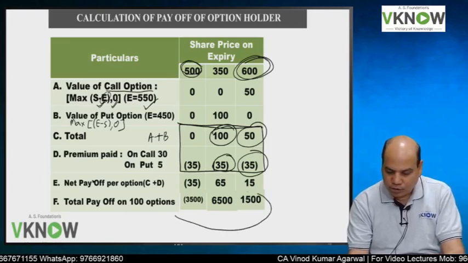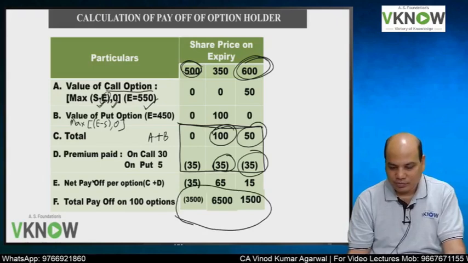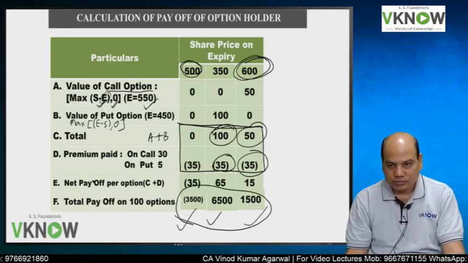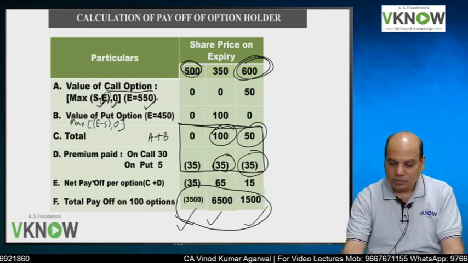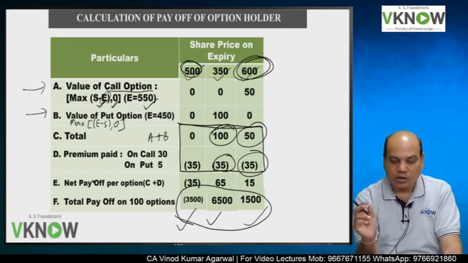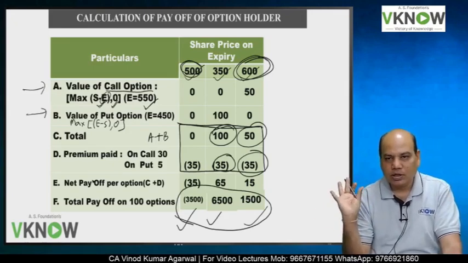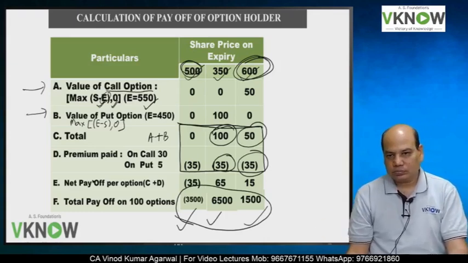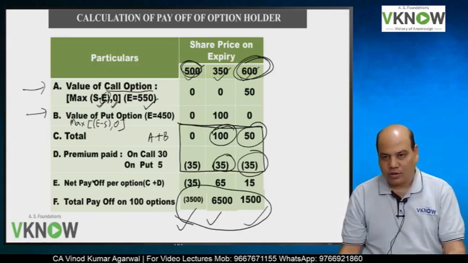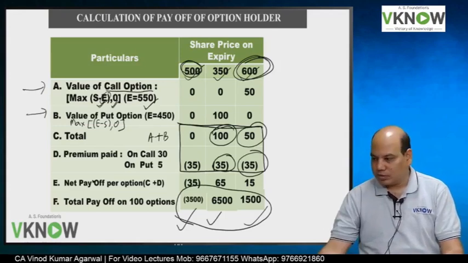So in some exam only for this much effort you will get how much? 6 marks. 2 marks, 2 marks, 2 marks. So whatever strategy they give, you just write the prices, do the calculation by the knowledge of call and put minus premium, and that gives you the answer. Premium you have to deduct in all the columns. Very good. Any other query? No query? This answer is over.